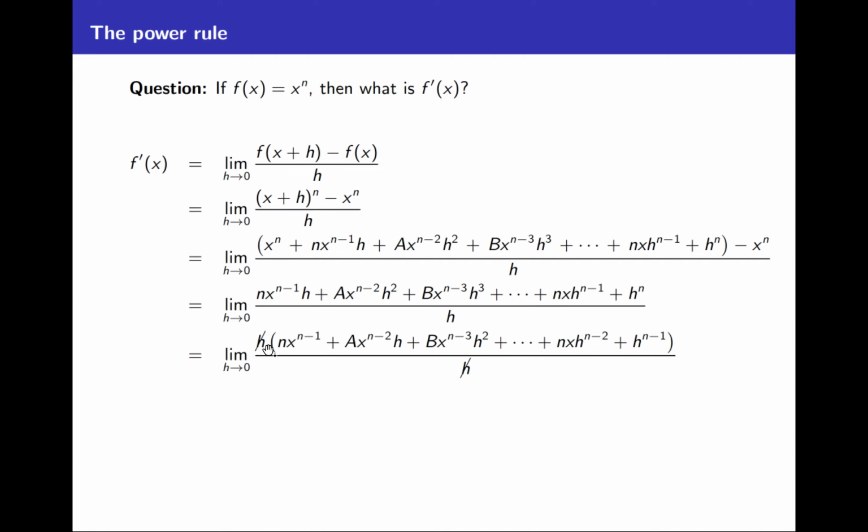So when we do the cancellation, we have the limit as h approaches 0 of our first term, n times x to the power of n minus 1, plus a bunch of other terms that have h's in them. And here h is going to 0, so all of those other terms turn to 0. And all we're left with is that first term, n times x to the power of n minus 1.